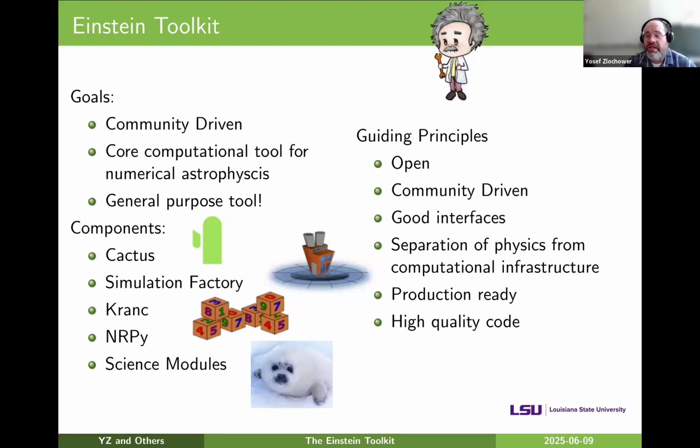Okay, the guiding principle is that it's community driven, it's open development, and then we need to have good interfaces. We break the problem up, different modules handle different parts of a problem, and we have interfaces which allow the modules to interact with each other. Separation of physics from the computational infrastructure.